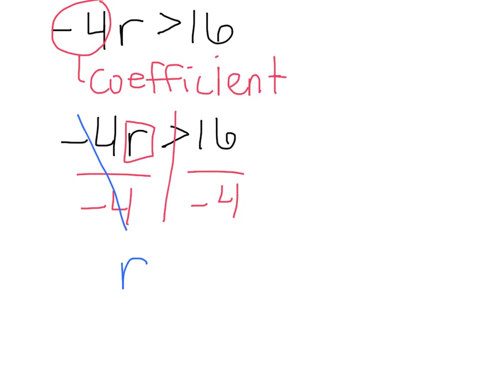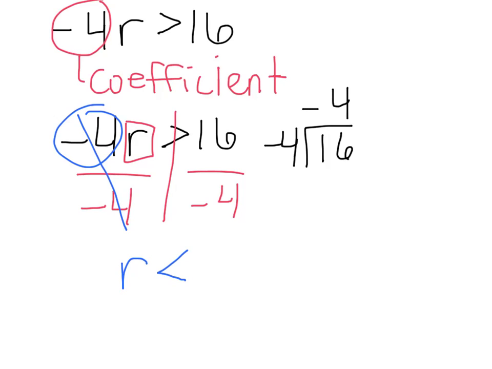Remembering that you had a negative coefficient, you need to flip your symbol. It is no longer greater than, it's less than. And then you can go over to the side and do your math. 16 divided by negative 4. A negative divided by a negative equals a positive. 4 goes into 16 4 times. So our answer should be r is less than negative 4.